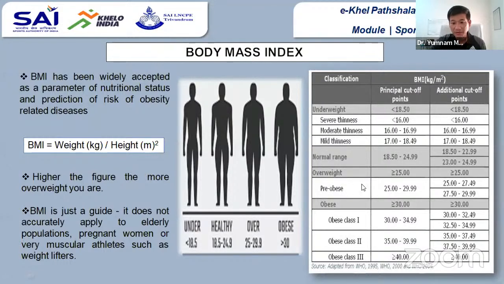If it is more than or equal to 25, it comes under overweight, 25 to 29. Obese category is equal to or greater than 30: 30 to 34 class 1, 35 to 39 class 2, 40 plus class 3. So this gives information about the obesity and nutritional status of the individual.